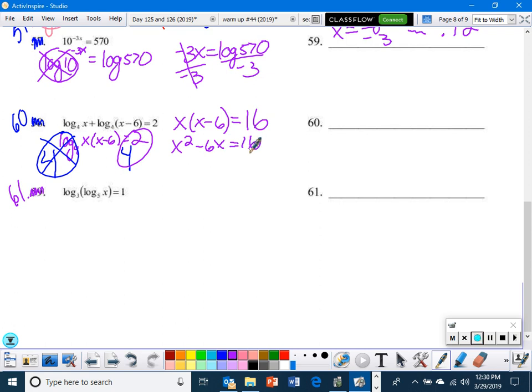Oh, it's a quadratic. All right, to solve the quadratic, we got to set it equal to 0. So subtract 16 from both sides. So that would be x squared minus 6x minus 16 equals 0. Okay, now you can factor that. This one is factorable.